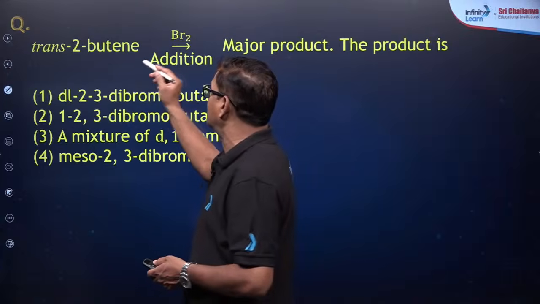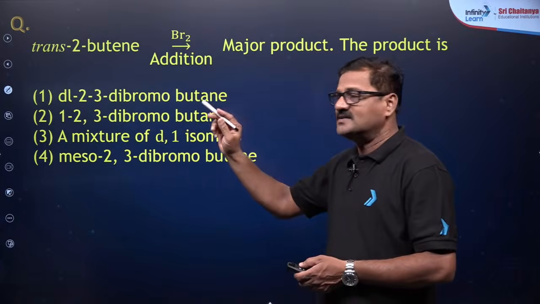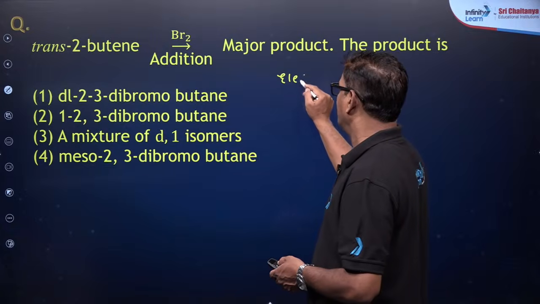Whenever there is addition of bromine to trans-butene, it is an electrophilic addition reaction.